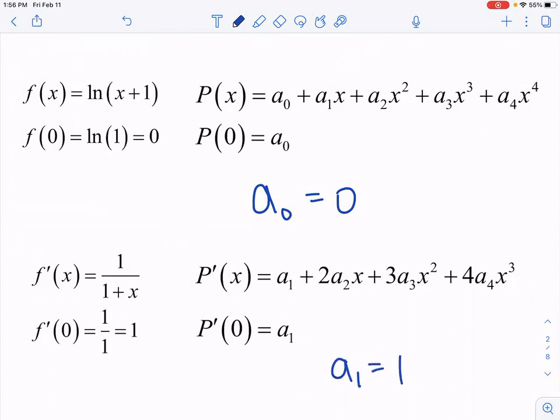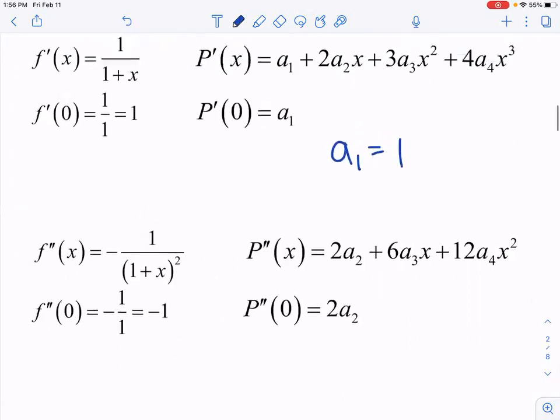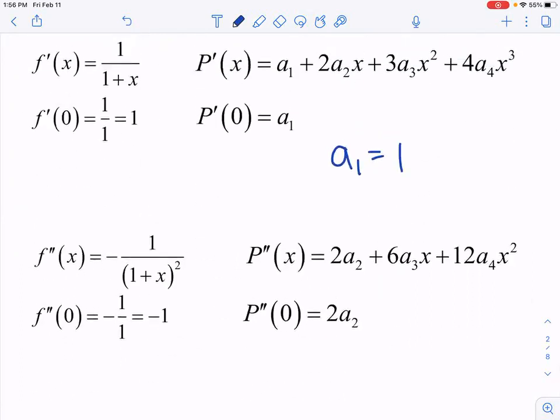Okay, let's go to the next one. 1 plus x to the negative first power has this derivative. Do you agree? And when you plug in 0, we get -1. If we take P prime and we do the power rule, a sub 1 goes away because that's a constant.